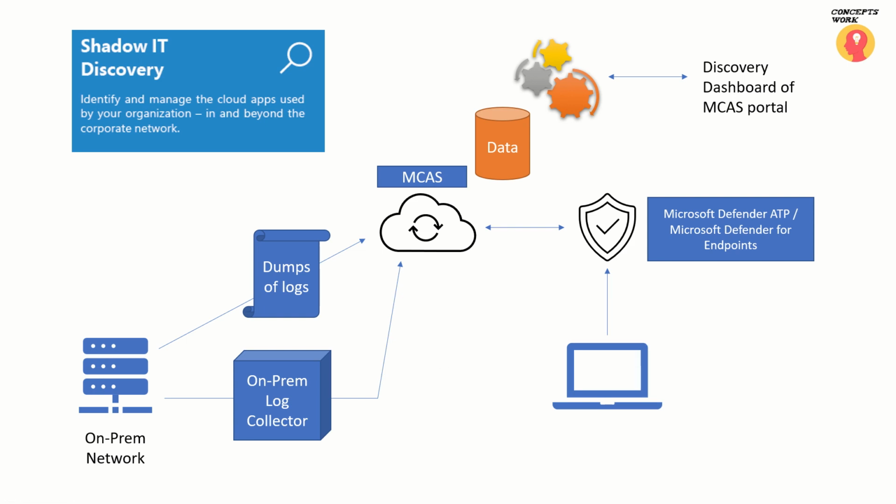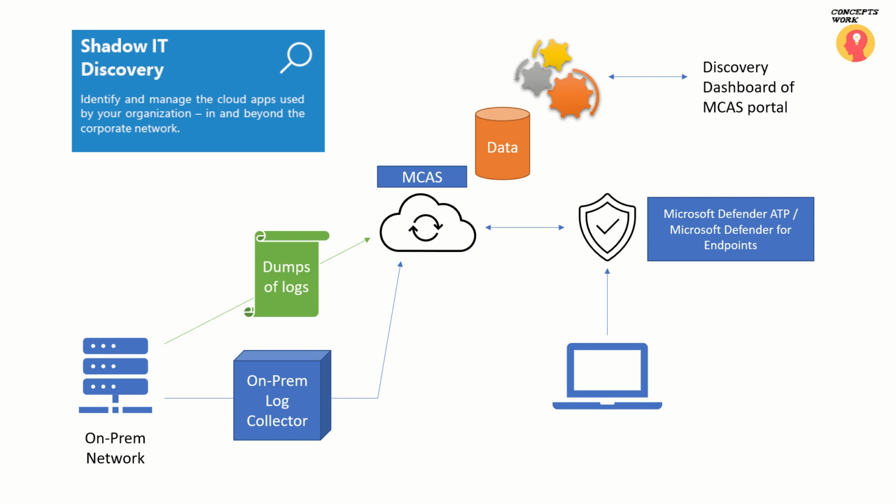But my agenda is to make you familiar with the portal itself and help you understand what you should do next once you have the discovery information, that is, the logs, uploaded to MCAS. So I'm going to cover the method of manual upload because there are a couple of other references which I want to use, which will help you match the exact data format available depending upon the appliance that you are using.